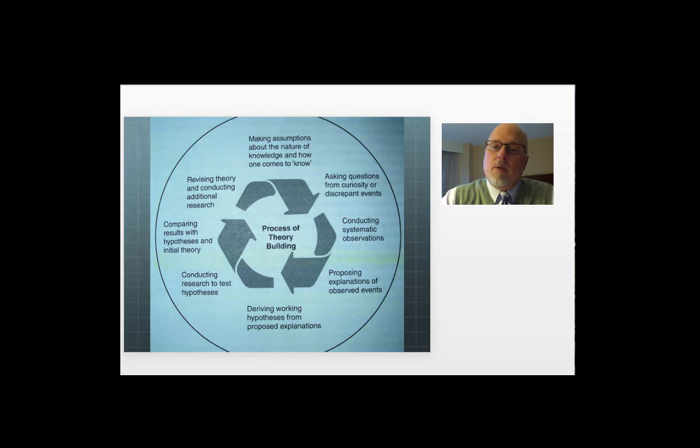One of the things I want to point out is that while we're seeking the truth, the answer in our research, we frame our results in terms of probability. The more evidence that we accumulate, the higher the probability that our hypothesis is correct, the higher the probability that our theory is accurate.